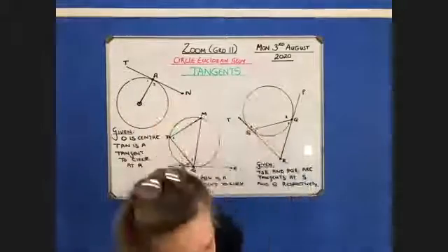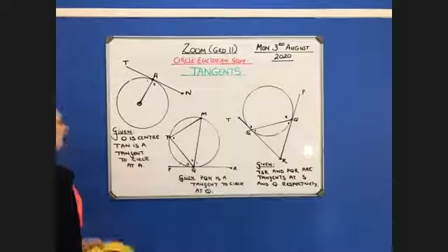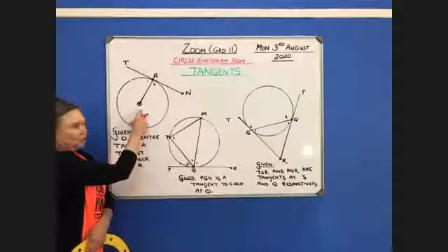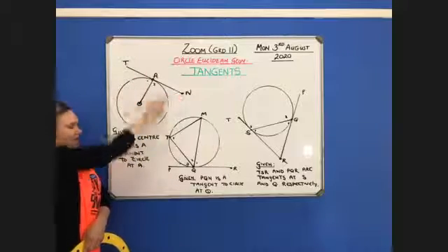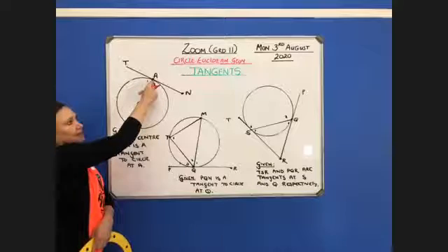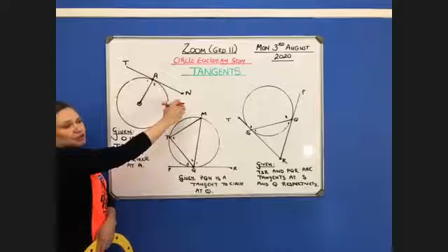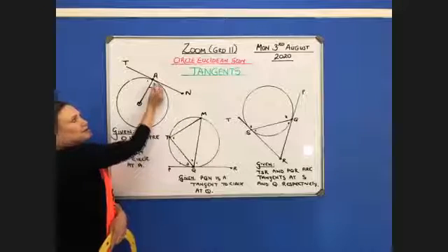Okay, so the first thing I want to show you and remind you, if you are given that you have O as center, and you have a tangent, TAN is a tangent to the circle at A. So that obviously means you have a radius and you have a tangent. Now remember, the relationship is they are always perpendicular to one another.